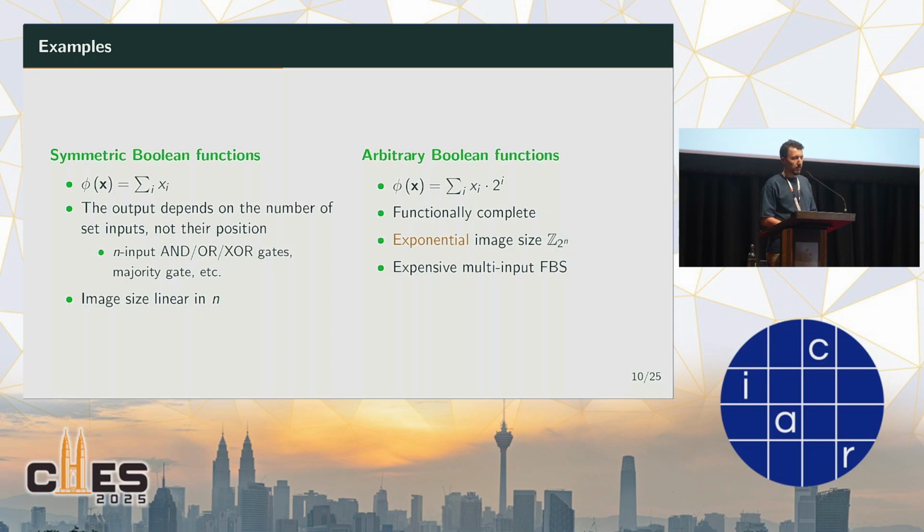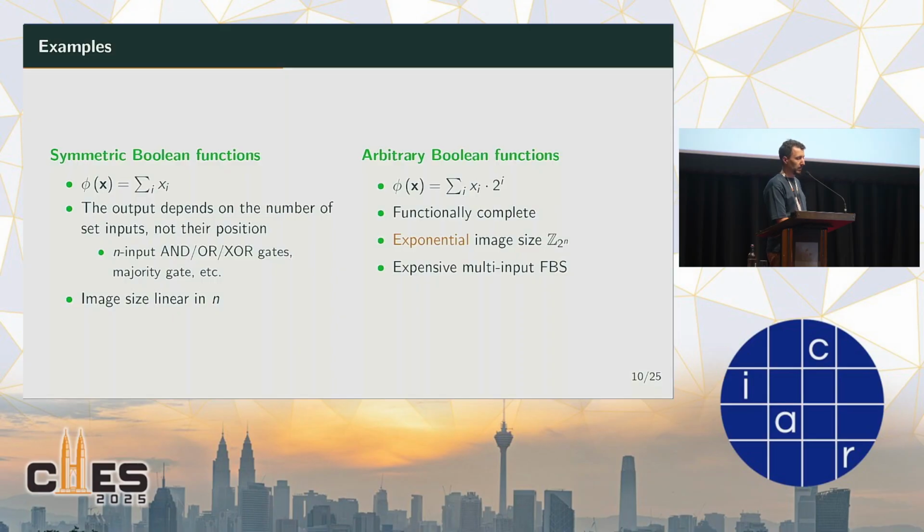Also, if you want to evaluate an arbitrary Boolean function, what you can use is base 2 composition or linear combination. This linear combination is functionally complete, so we can evaluate any Boolean function with it.